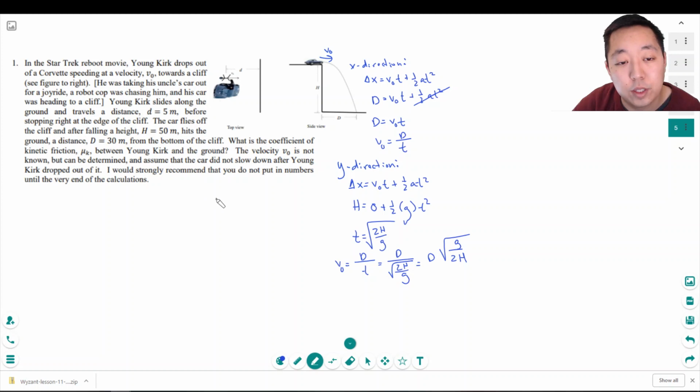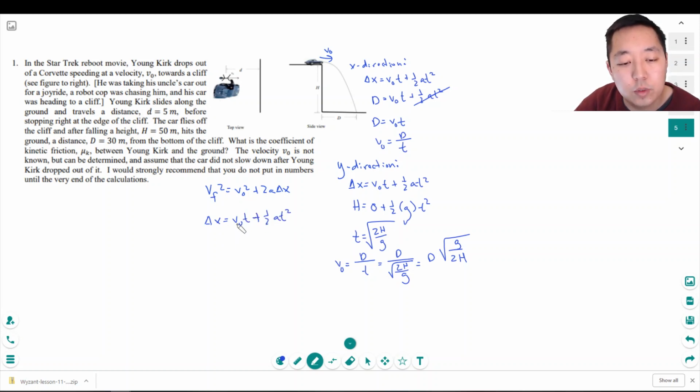So I would think of Kirk as, let's see, there are two equations that relate displacement and acceleration. I can either use vf squared is equal to v0 squared plus 2a delta x, or I can use delta x is equal to v0 t plus 1/2 at squared.